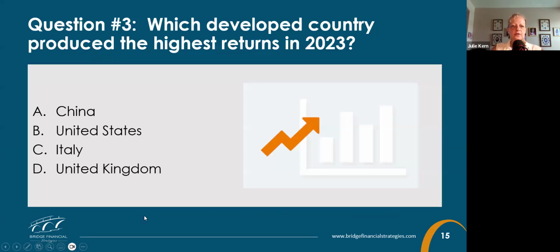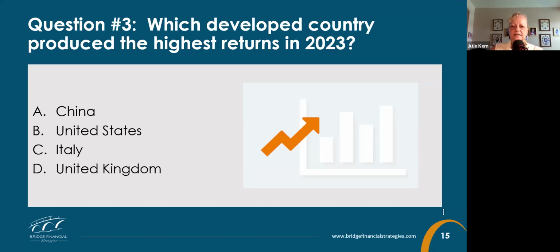All right, time for another question. Which developed country produced the highest returns in 2023? Was it China, the United States, Italy, or the United Kingdom? Let me, nope, this one, sorry.